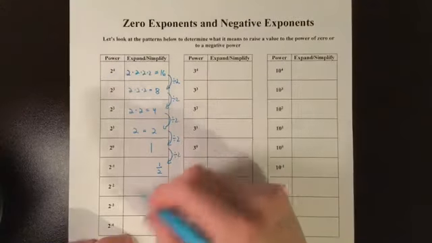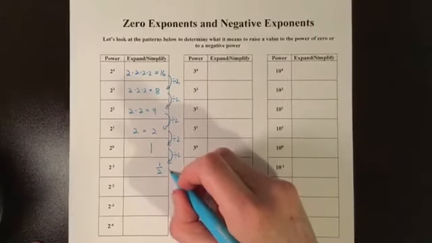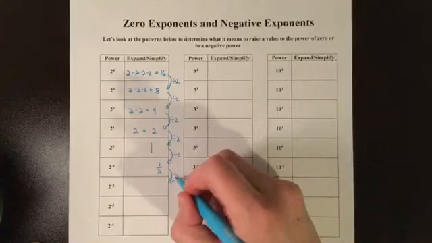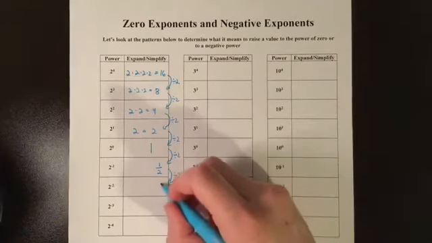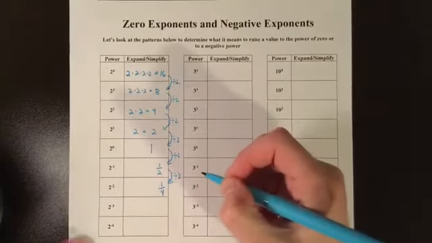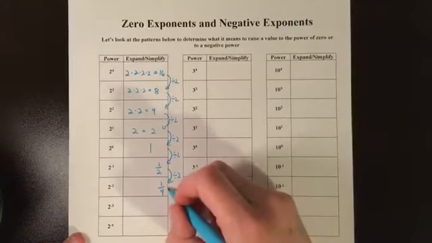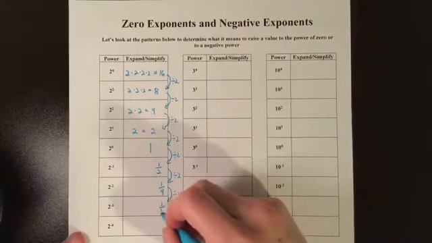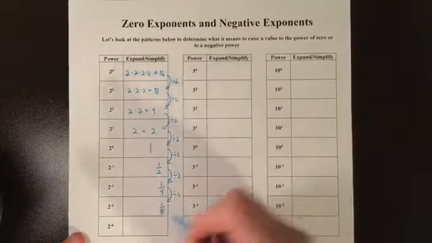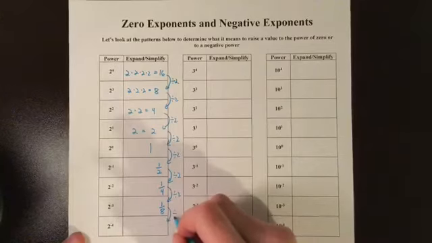Continue the pattern to figure out what 2 to the negative 2 is. 1/2 divided by 2, right? Now remember, keep change flip, is going to be 1/4. Keep it going. 1/4 divided by 2 is 1/8.